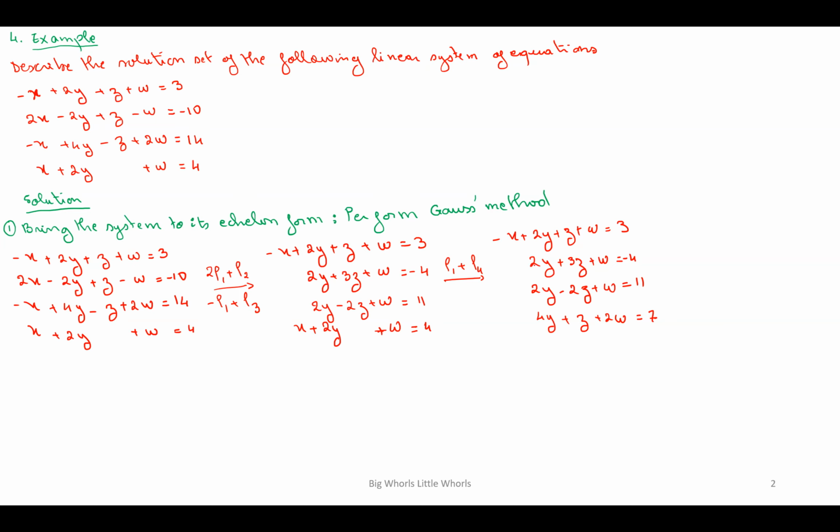Now the second leading variable is in the second row. The leading variable in the second row is y, so I'm going to use this 2y to eliminate the y's below it. So what I have here is minus row 2 plus row 3.